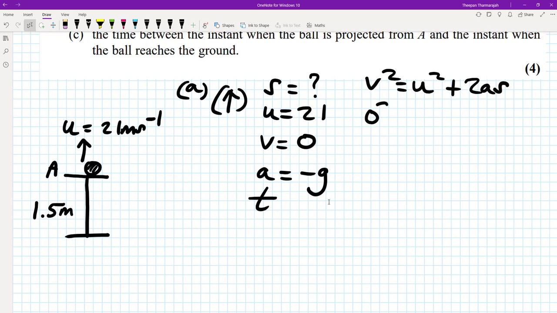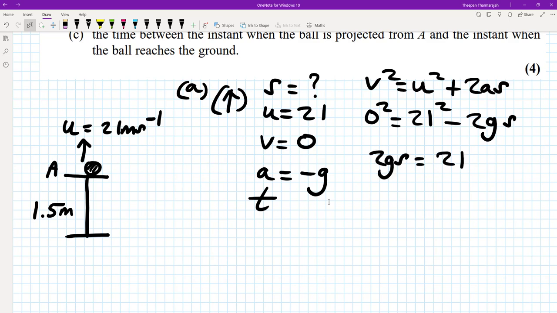So we can say 0 squared is 21 squared minus 2GS. So 2GS equals 21 squared.